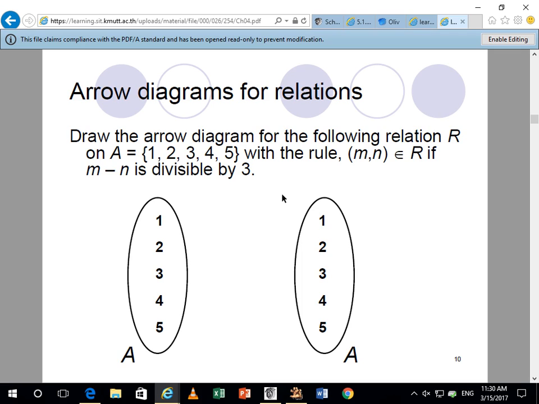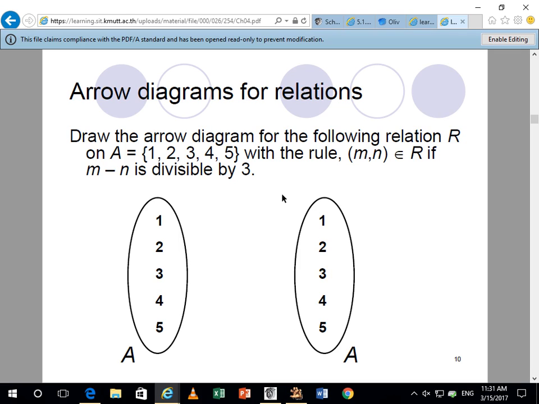Okay, more arrow diagrams. So you all know what that means now, right? Arrow diagrams can be used to describe rules of a function. So the input domain is A, and the codomain is also A. Now let's set these relations.